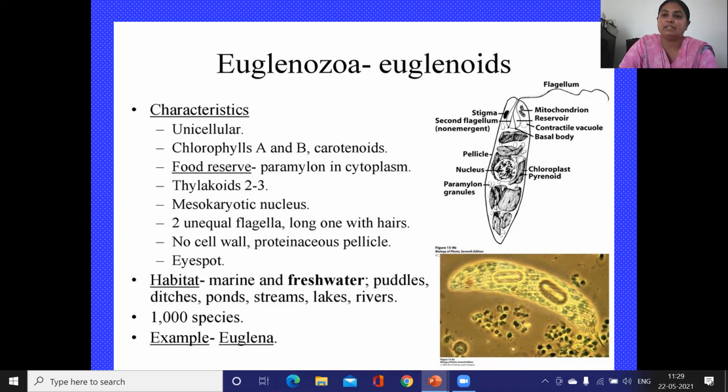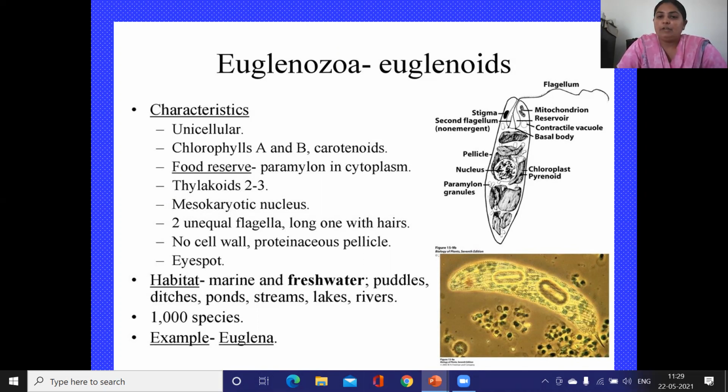One is a shorter flagellum, another is a longer flagellum. Mostly euglenoids are photosynthetic in nature, which means they are able to produce their food. But sometimes when the conditions are not appropriate in their habitat, they behave as heterotrophs, and then they depend on other organisms for obtaining their food.